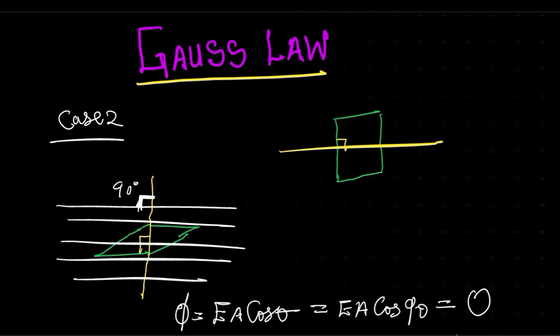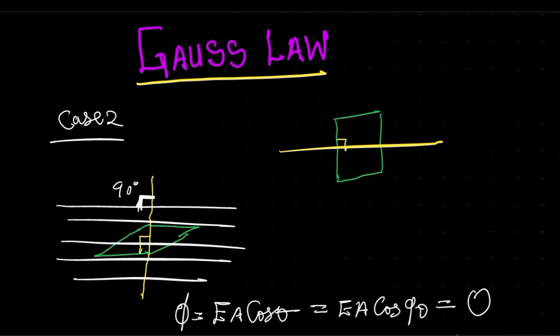So it means that electric flux is minimum, it is 0. It is the most minimum. It is nothing when the field is perpendicular to the normal of the surface. Are you getting it now?